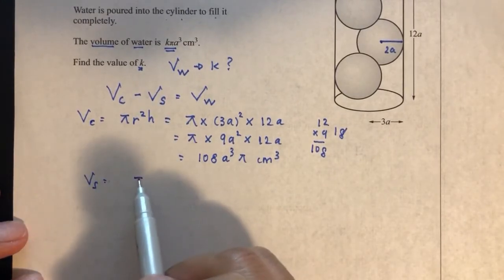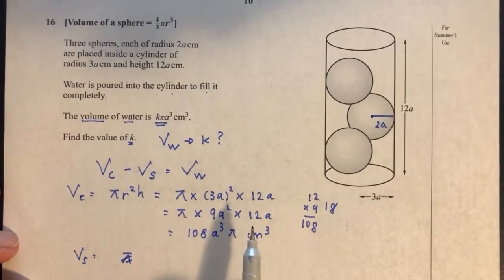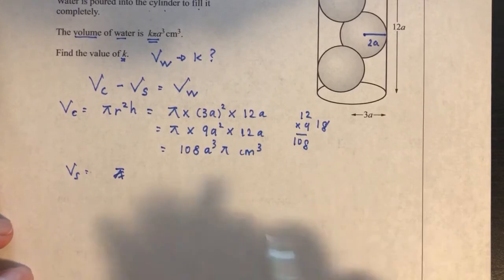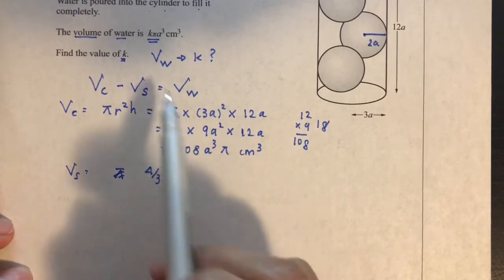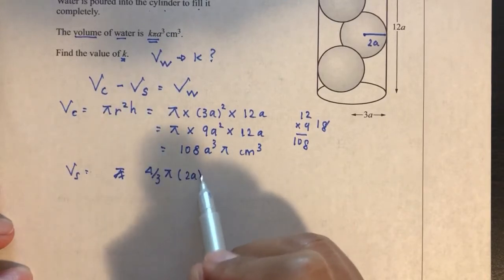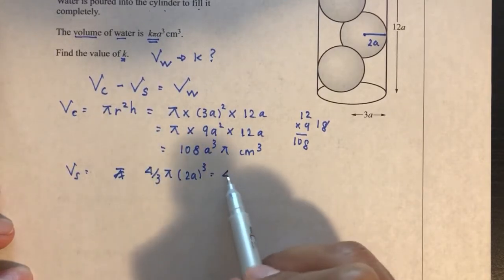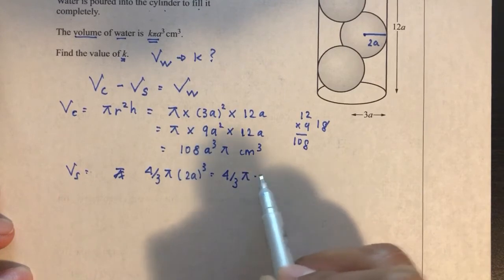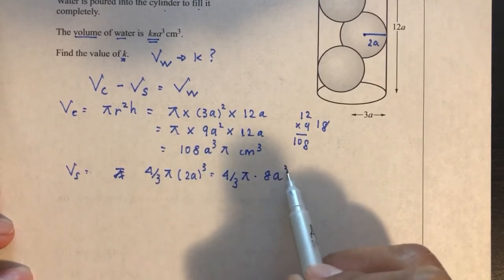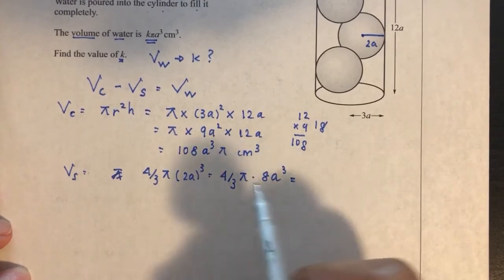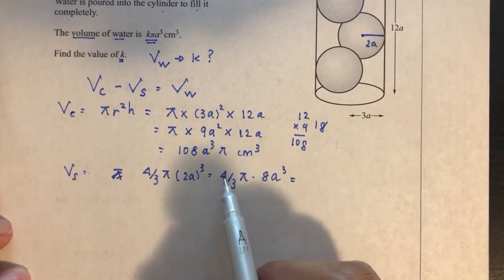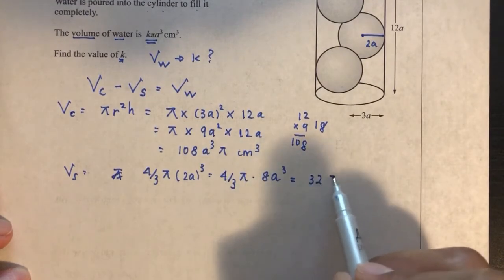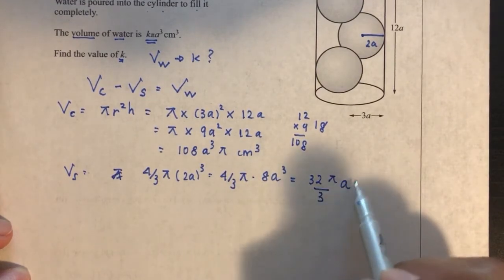One of them is given to us as 4 over 3 pi r cubed. So 4 over 3 pi r cubed, where r is the radius, which is 2a, cubed. That will become 4 over 3 pi times 8a cubed. Simplify: 8 times 4 will be 32 pi divided by 3 a cubed.